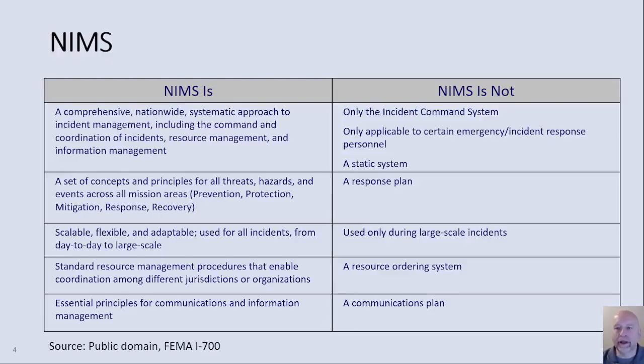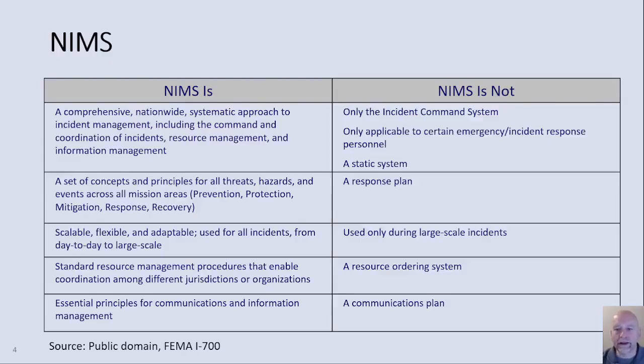So resource management describes the standard mechanisms to manage resources, including personnel, equipment, supplies, teams, facilities, before, during, and after incidents to wrap up and to share the resources a little bit more effectively. Command and coordination describes the leadership roles, the processes, the organizational structures that are used for incident management at the operational level and at the incident support level.